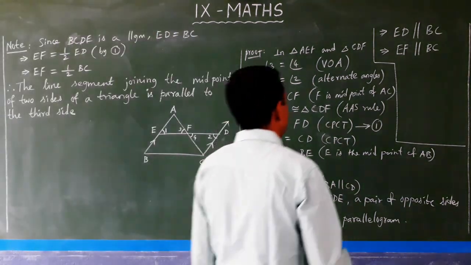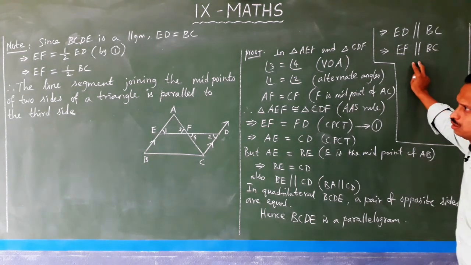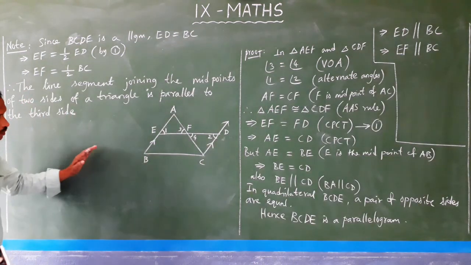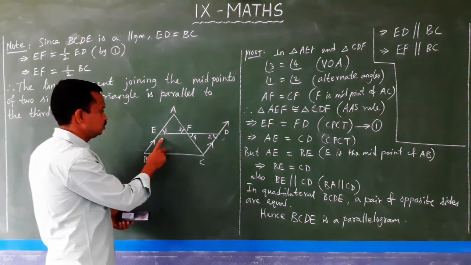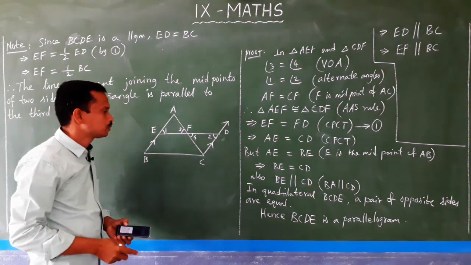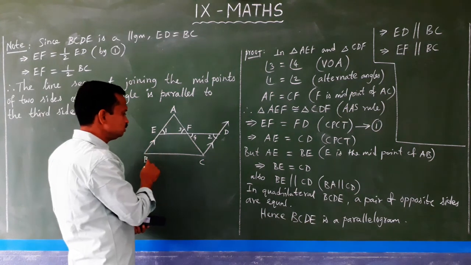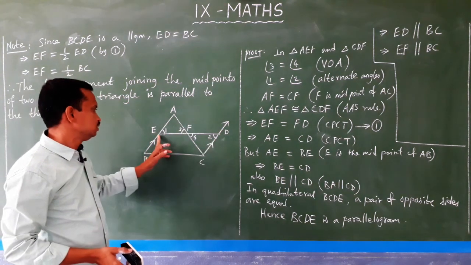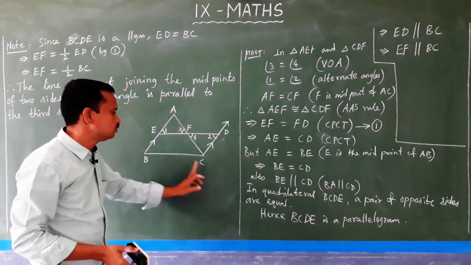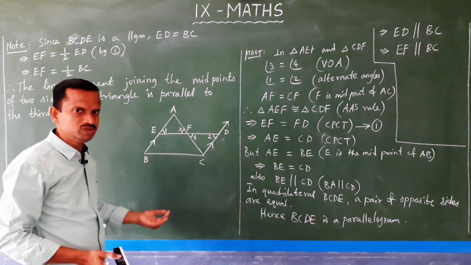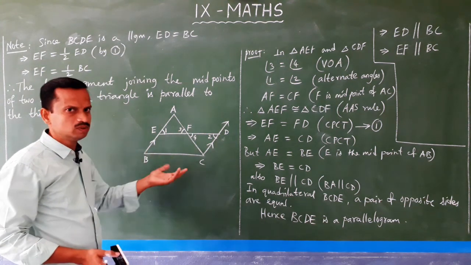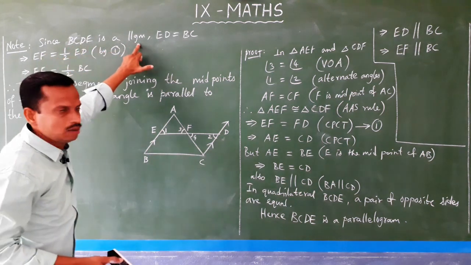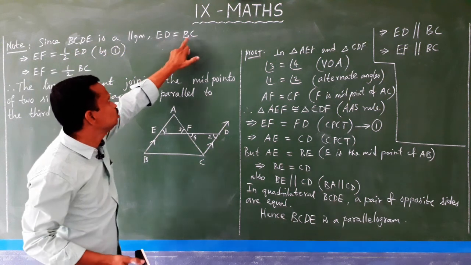So now, after proving this theorem, we can get one more notable point. We have proved that EF is parallel to BC, and one more thing: since BCDE is a parallelogram, ED is parallel to BC and also ED is equal to BC.